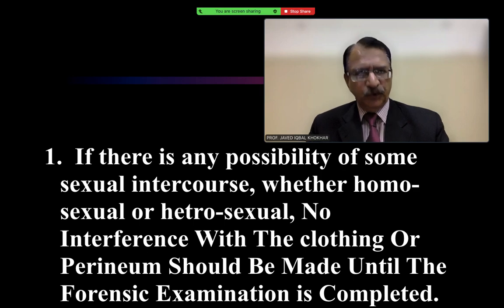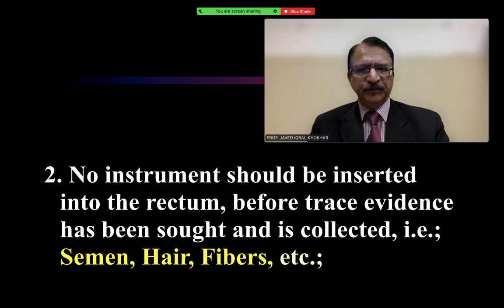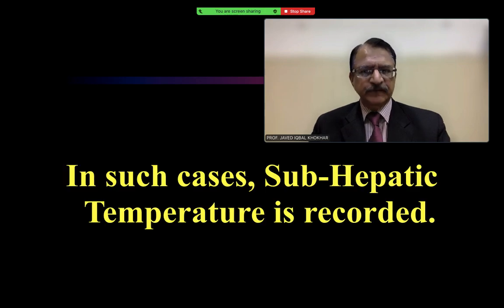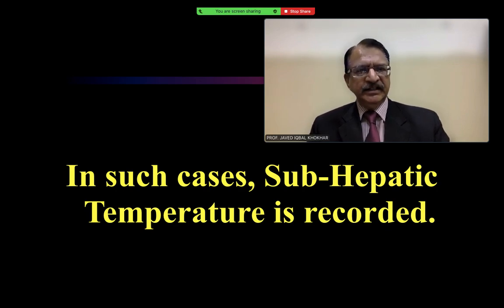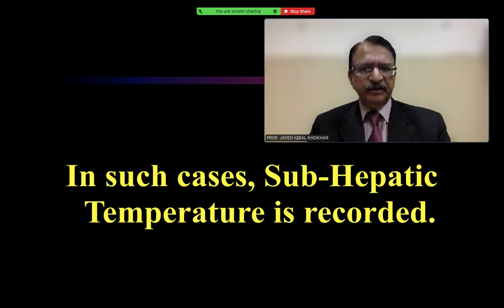So in these situations, the rectal or the vaginal temperature should not be taken. Other trace evidences like the semen, hair, fibers, are collected first. And in these situations, the subhepatic temperature is recorded. A small incision is made in the right hypochondrium and the thermometer is inserted below the liver and the subhepatic temperature is recorded.